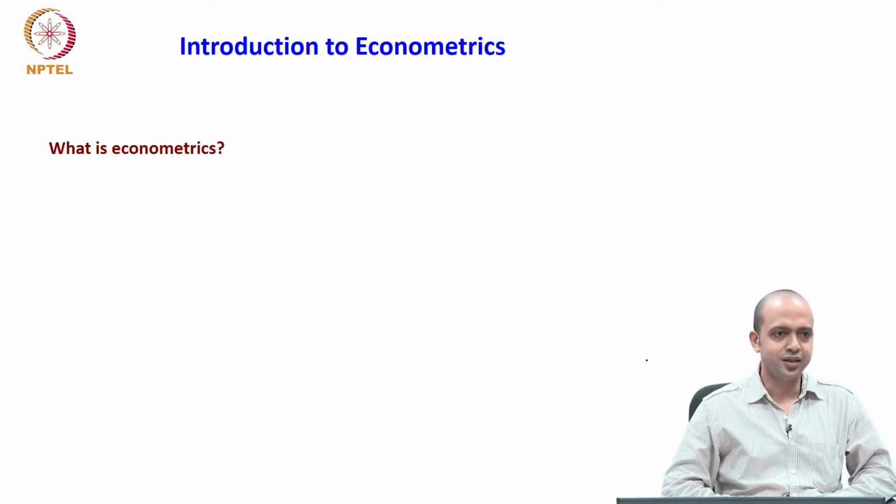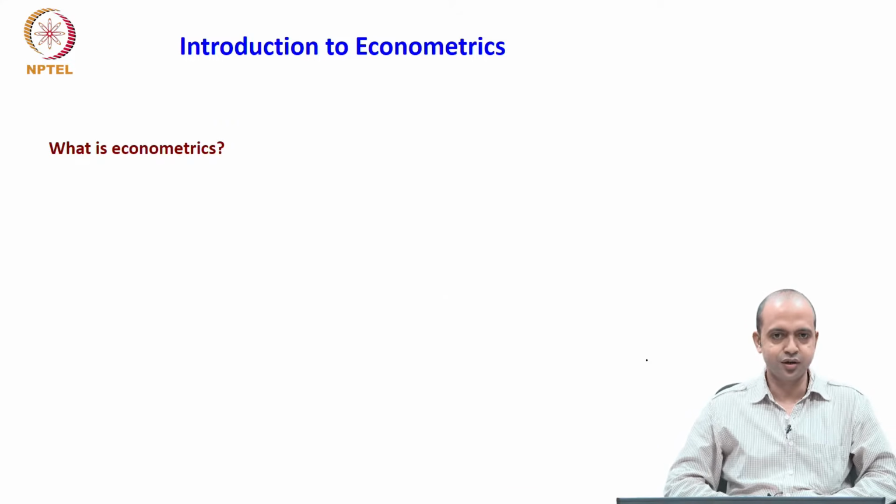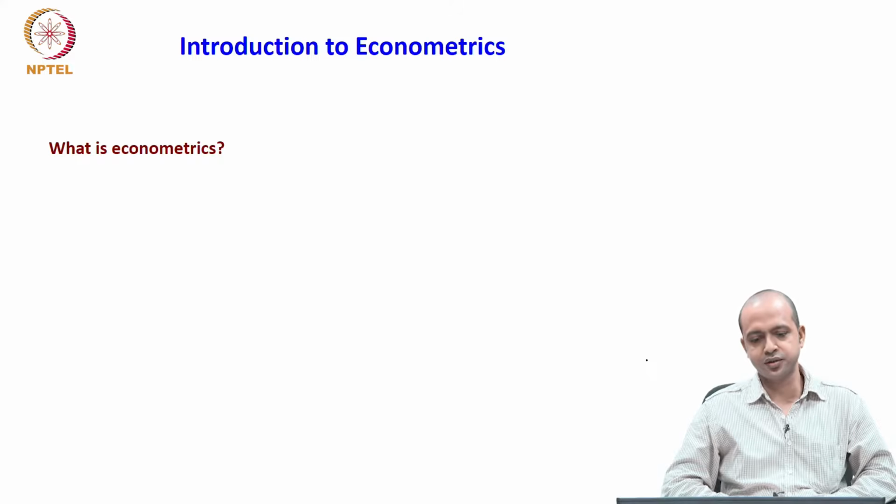So, before we discuss in detail the different types of econometric models, let us first try to understand what exactly is econometrics. What is the meaning and definition of econometrics?